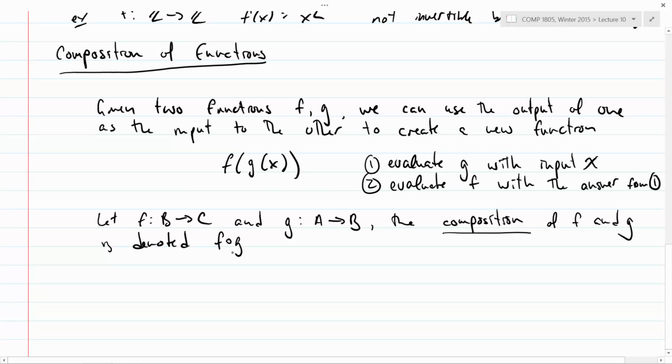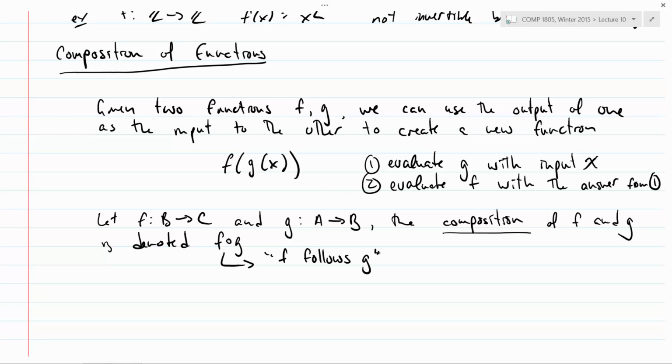So it looks kind of like fog, but that's not an o, it's a very small circle. Okay? And you read this as f follows g. It's really important that you understand that that's how you read it, because if you remember that, you'll always remember the order that you evaluated it.